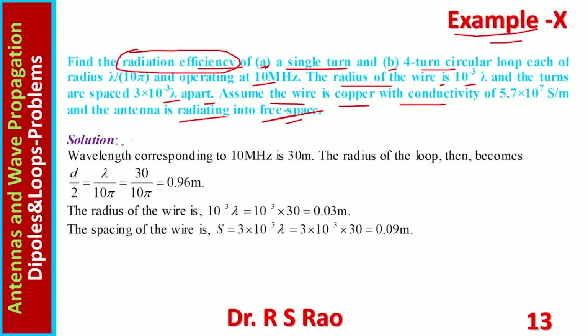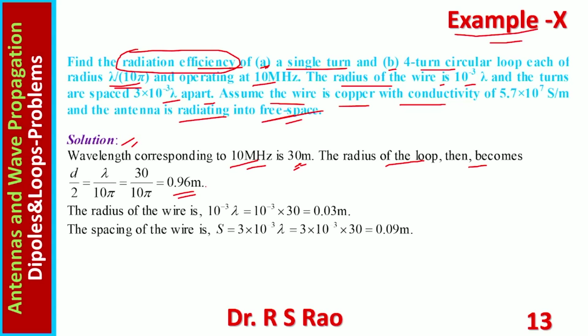Now, solution. Wavelength corresponding to 10 megahertz is 30 meters. C by F is wavelength. Radius of the loop is D by 2. This D by 2 is given as lambda by 10 pi. Lambda is 30 meters. Therefore, D by 2 becomes 0.96 meters.